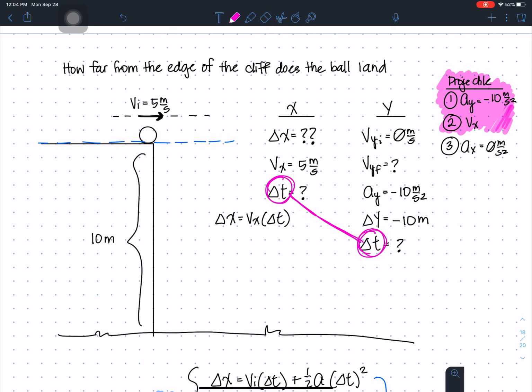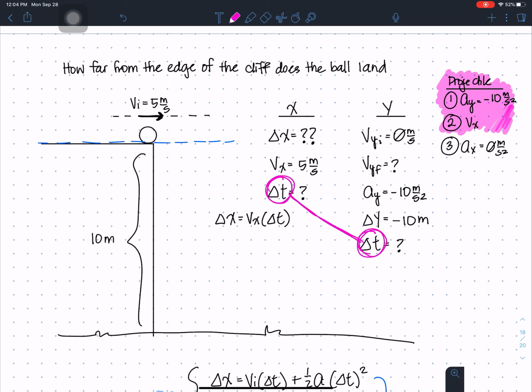Let's say that soccer ball goes 100 meters down the field. It was a really, really far kick. Well, the time that it takes the ball to rise in the air to its peak and then come down again and land on the field is the same amount of time that it takes the ball to move horizontally the 100 meters. So delta t is the same in both the y and the x.